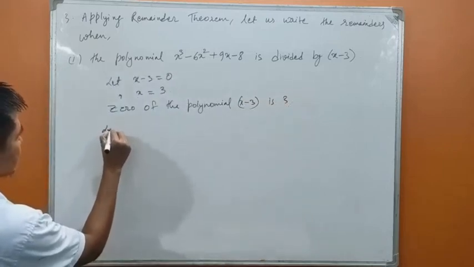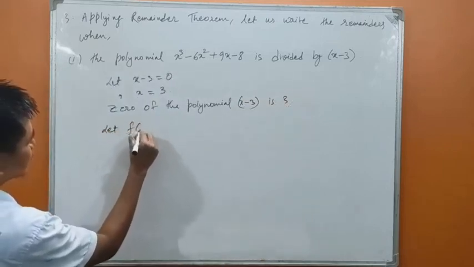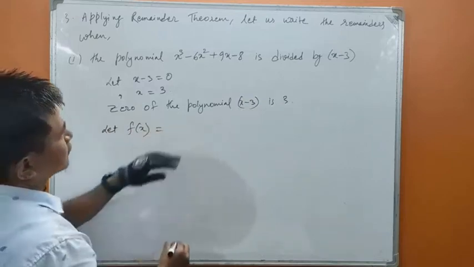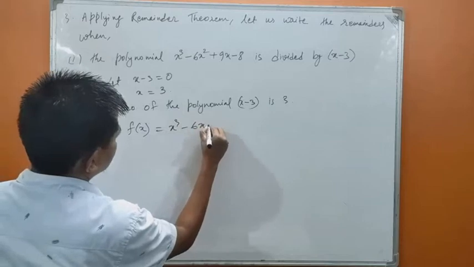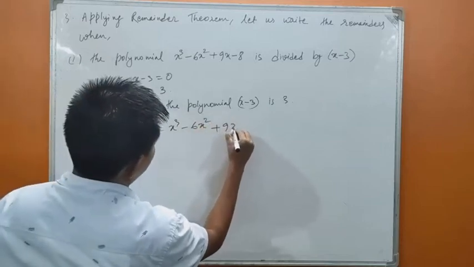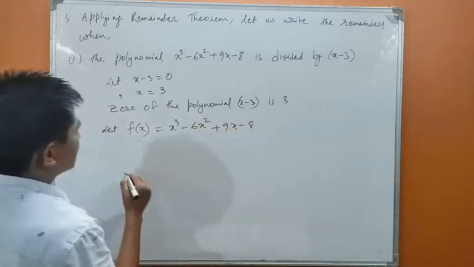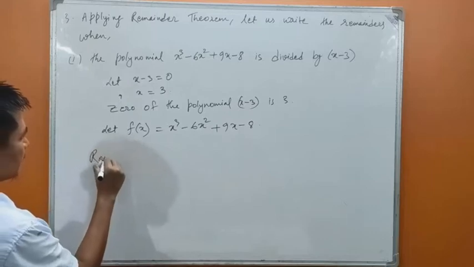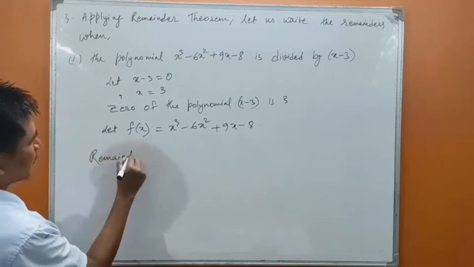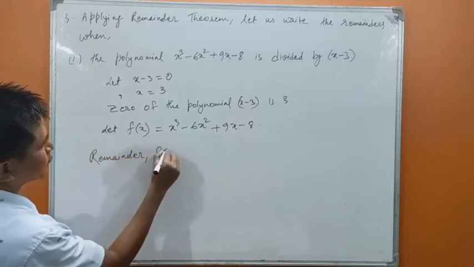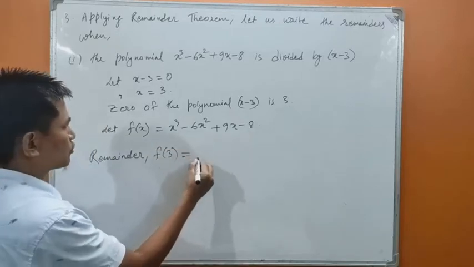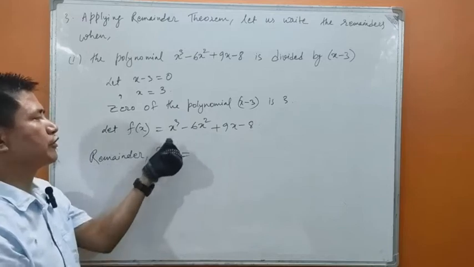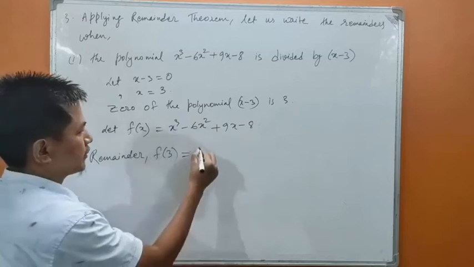So let we have polynomial f(x). f(x) is x cube minus 6x squared plus 9x minus 8, isn't it? Now remainder will be f(3), isn't it? Remainder will be f(3). So since f(x) is this, so f(3) will be, instead of x we put 3.